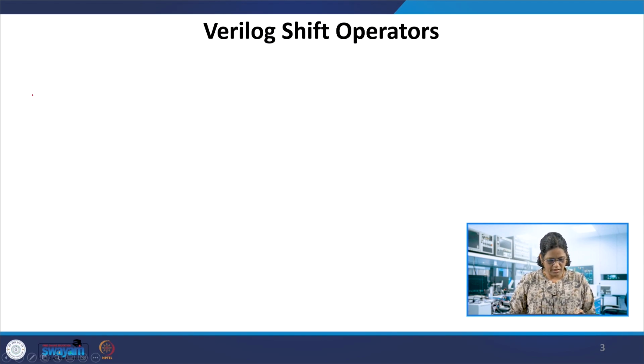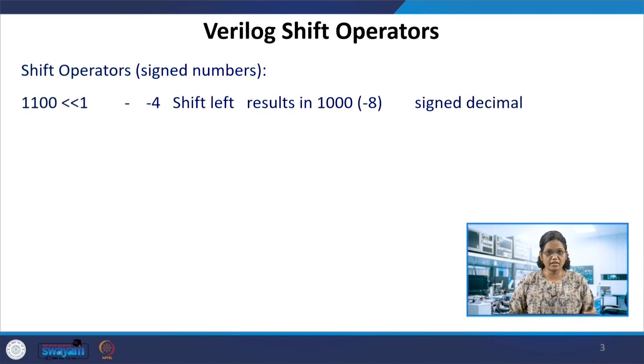Now look at the same thing for signed numbers. Suppose this is -4, with 4 and the sign bit 1 given. If you left shift it by 1, this gives 1 0 0 0. The resultant would be 1 0 0 0, which as a signed decimal is -8.